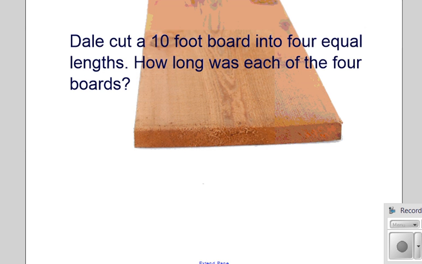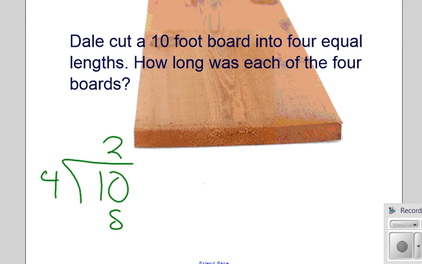It says Dale cut a 10-foot board into 4 equal lengths. How long was each of the 4 boards? We have a 10-foot board, and we're dividing it into 4 equal lengths. So it goes 2, with 2 left over, so that's 2/4.